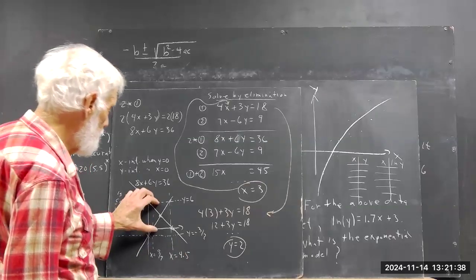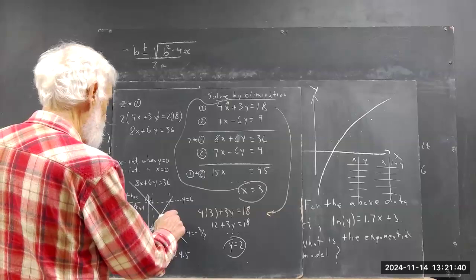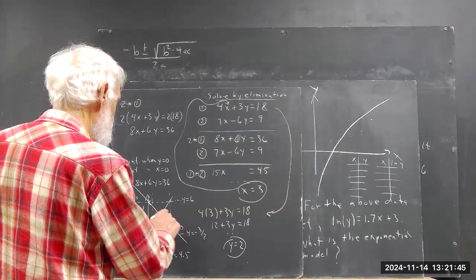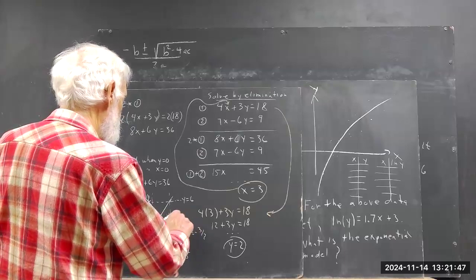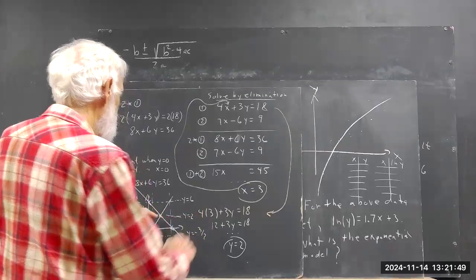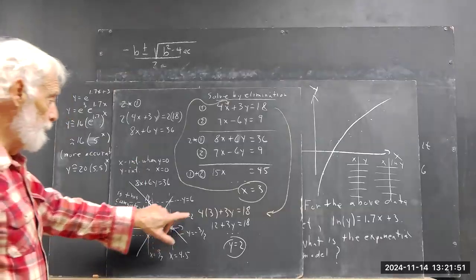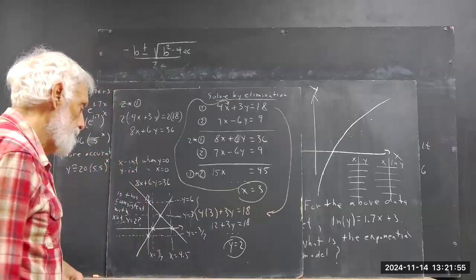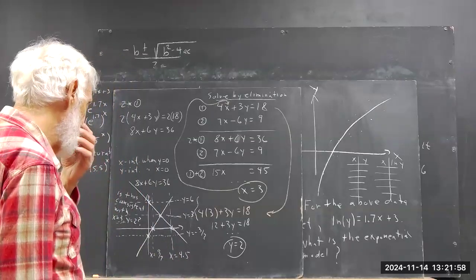So where's y equals 2? Well, y equals 6 is here. If we go twice as close to the x-axis, it looks like we get y equals 3 at this point, not 2. Also 4.5.